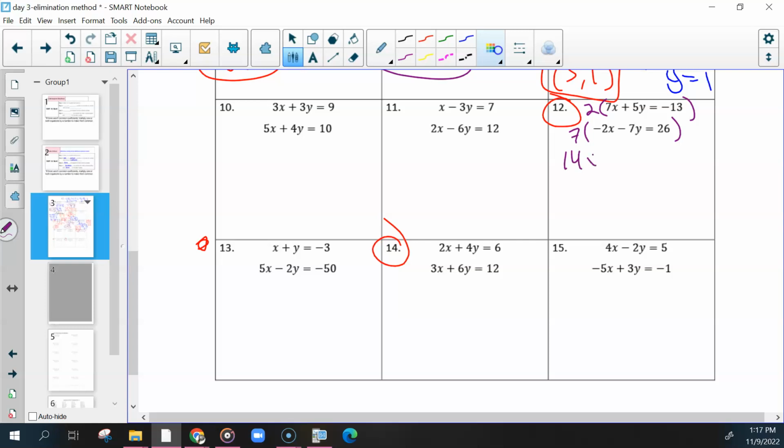We have 14x plus 10y equals -26, and -14x minus 49y equals 182. Double check that.